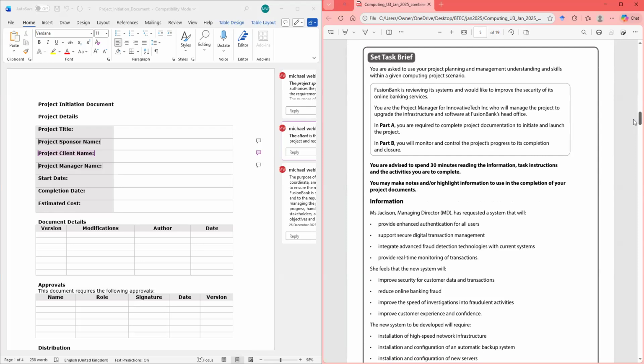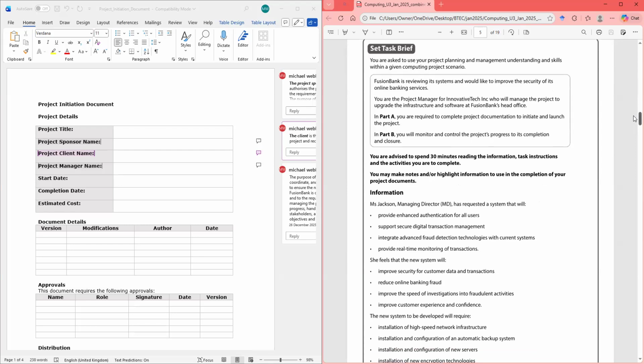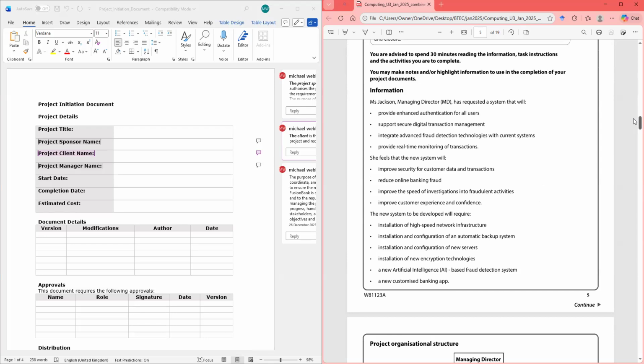Fusion Bank is reviewing a system and would like to improve the security of its online banking service. You're a project manager for Innovative Tech Inc. and you will manage the project to upgrade the infrastructure. All right, so that's what you're going to do. And all the other stuff are below it. So you have to read through all of this.